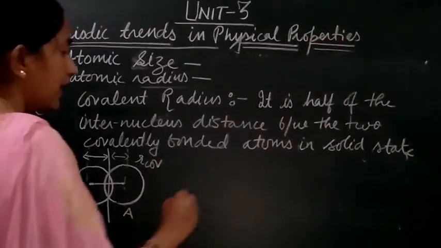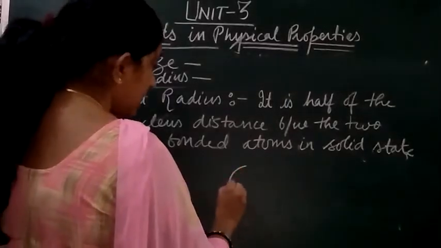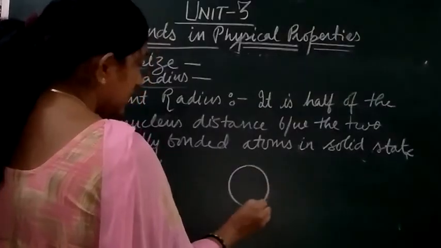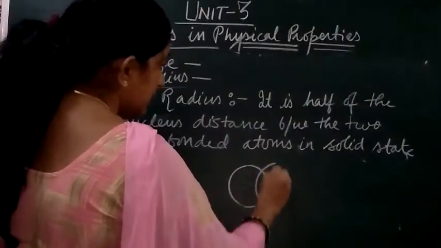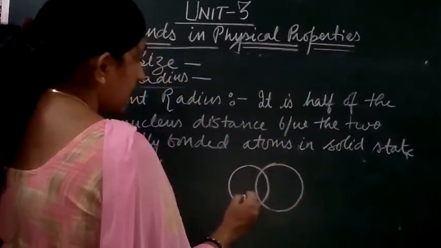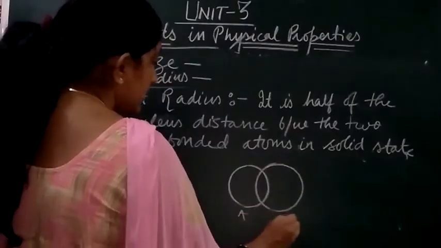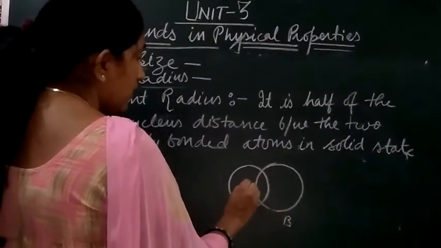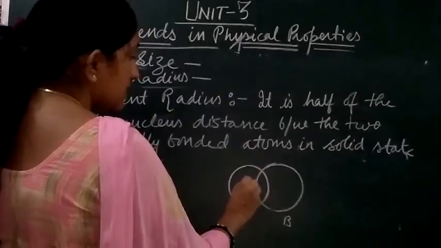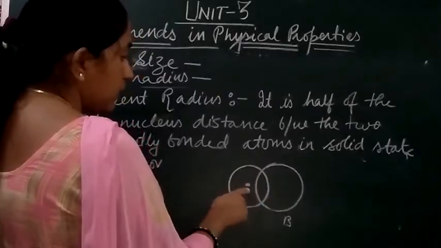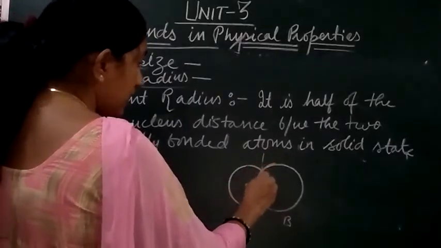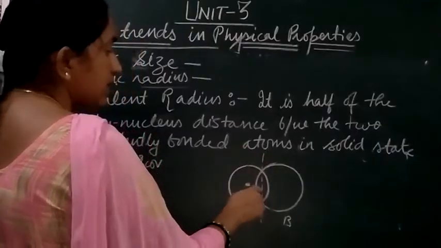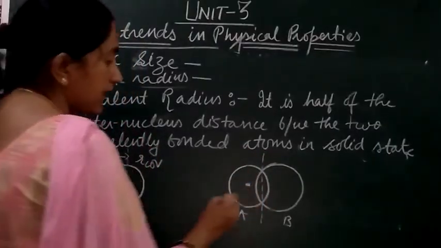Now if we have the heteroatomic molecule, in that case, let it be A and B, this is A and this is B. So we are going to take the distance from the nucleus to the mean position of the shared pair of electrons.